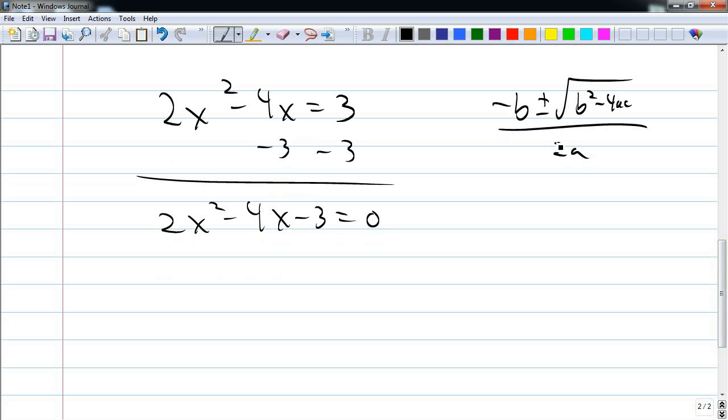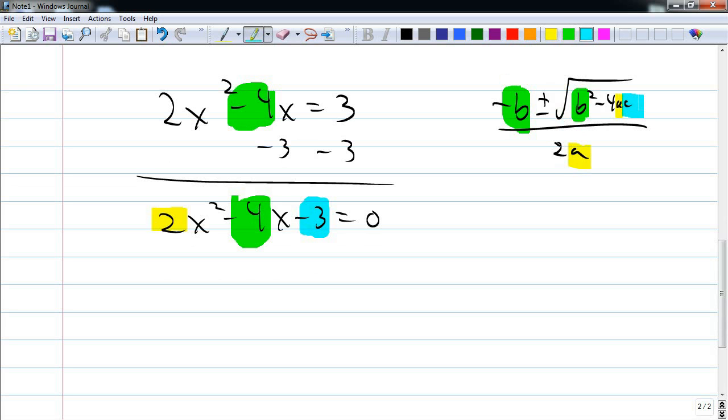Now recall that a is the quadratic coefficient, just the number. The b is the linear coefficient. And c is the constant coefficient. So it's just the coefficients, just the numbers.